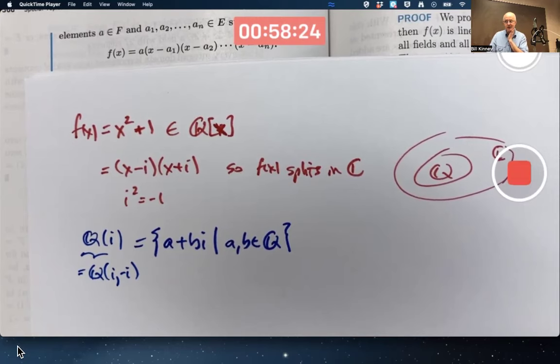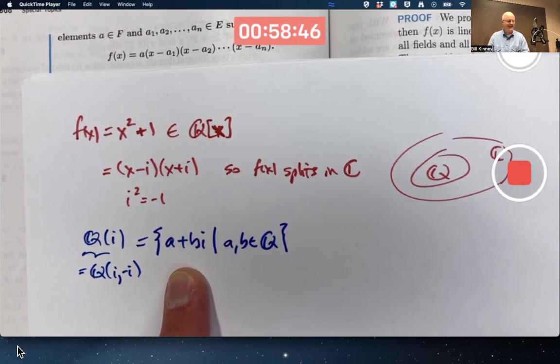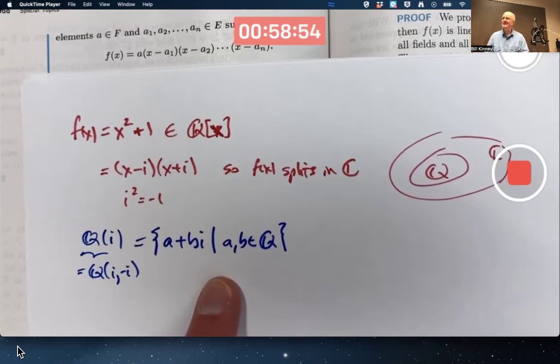It is a field extension of the rationals. It's also not a field extension of the reals, because there's plenty of reals that are not in here, like square root of 2 or pi. That is the minimal field extension in which f of x splits.